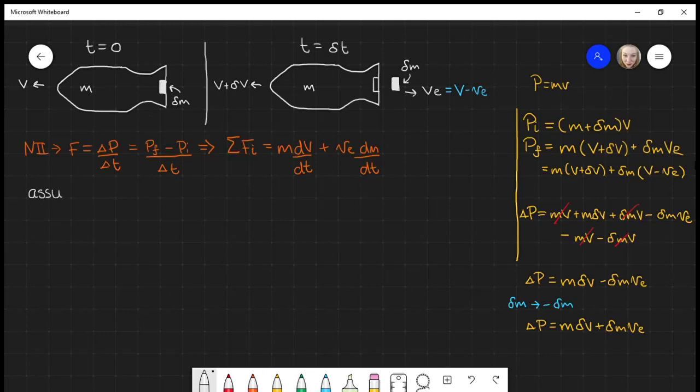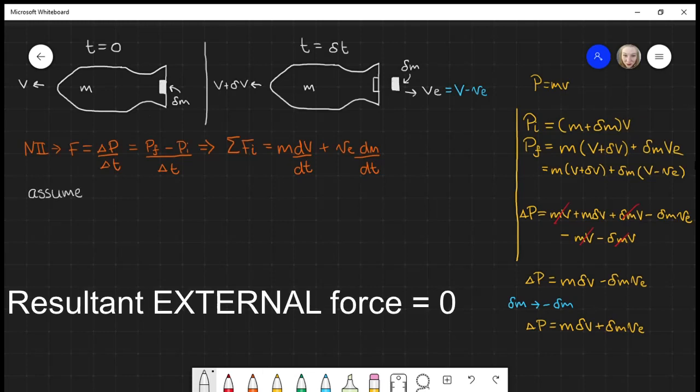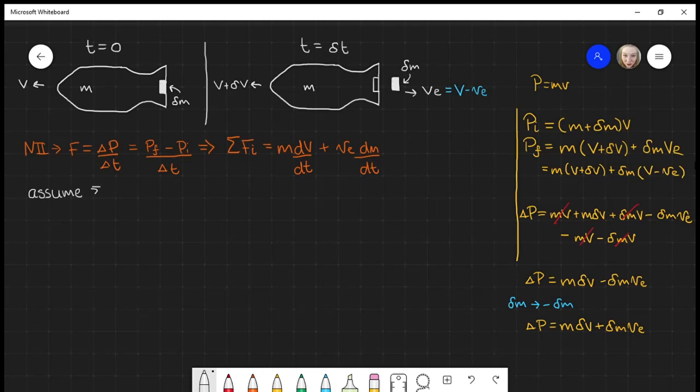We're going to assume that the resultant force is 0. So, like, momentum has been conserved. M dv by dt is negative exhaust velocity dm by dt.